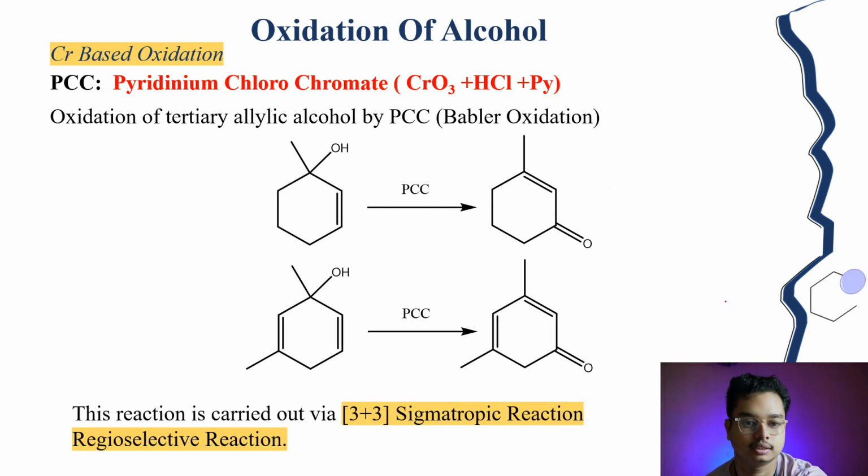transformation takes place. Also, PCC has an interesting reaction where oxidation of a tertiary allylic alcohol is done by PCC, and this type of reaction is called the Babler oxidation. So this is the tertiary alcohol, and there is the allylic position.